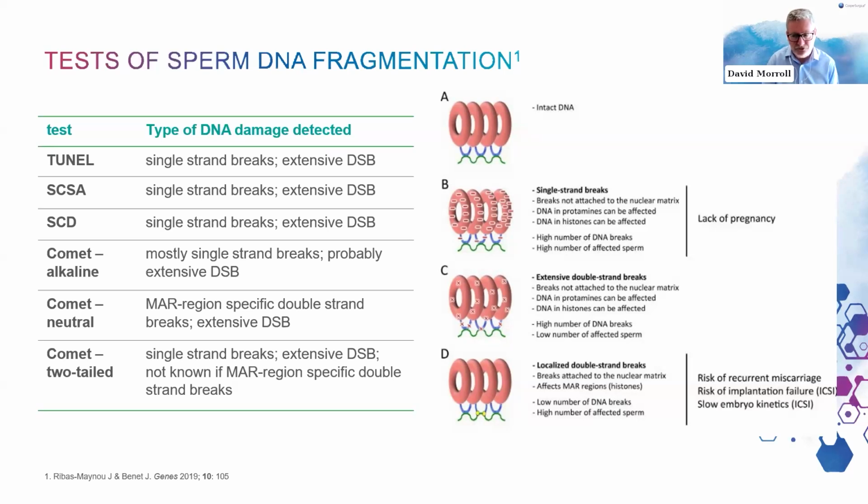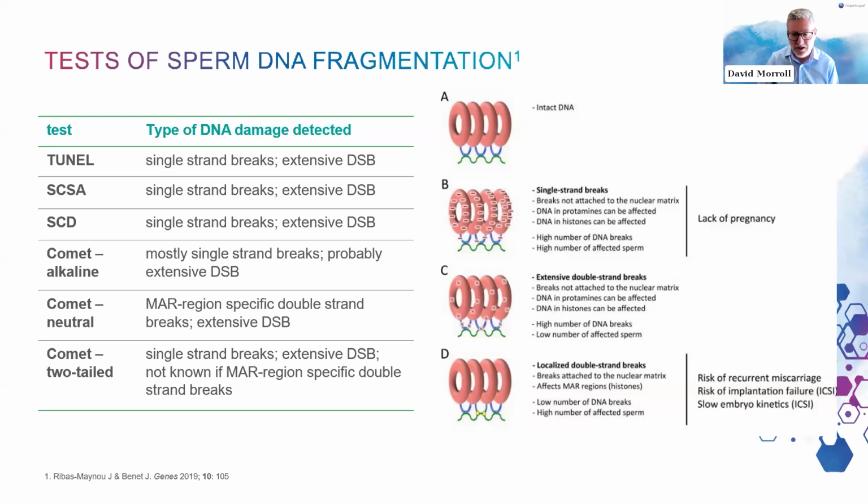But the key message is that if you do a TUNEL, the SCSA, the halo test or comet, they don't detect exactly the same type of DNA fragmentation. And more importantly, perhaps, the different types of DNA fragmentation seemingly have some different effects on the reproductive processes.